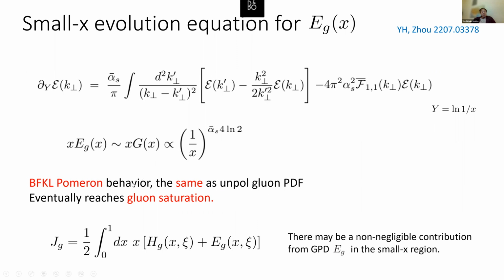This might be important phenomenologically because x times E diverges if you go to the small x region. That means there may be a significant contribution to the G sum rule from this small x region, because you have x times E in the integrand, and this function behaves like 1 over x to some power.